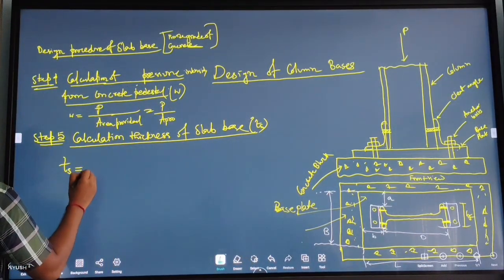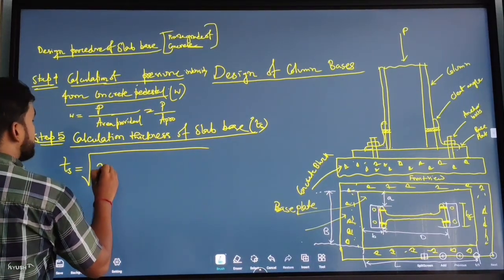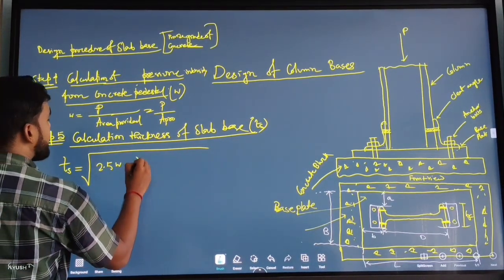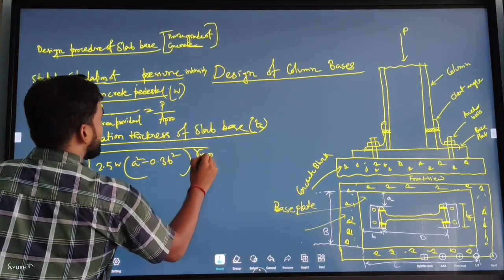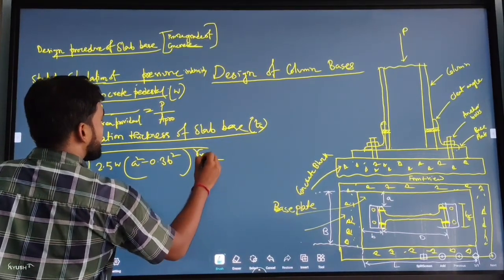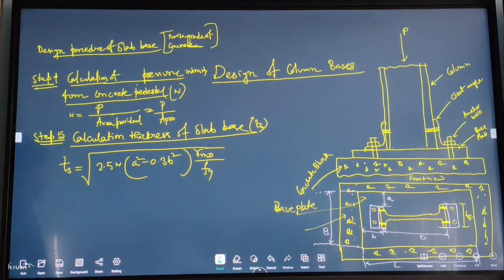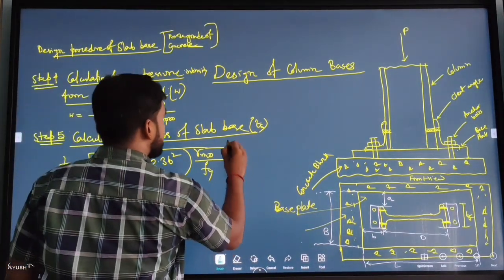Thickness is given in IS code like 2.5 W (a square minus 0.3 b square) gamma m0 by fy.